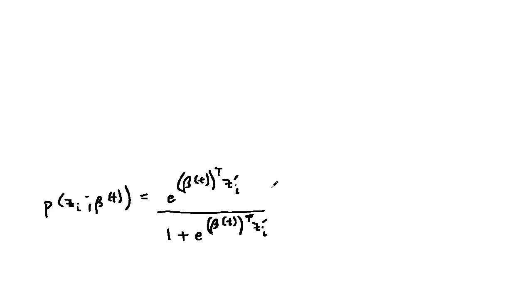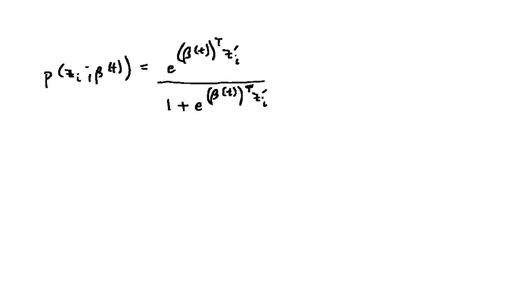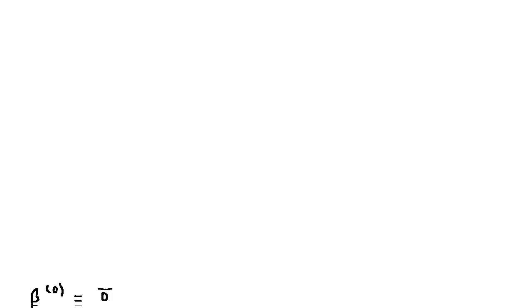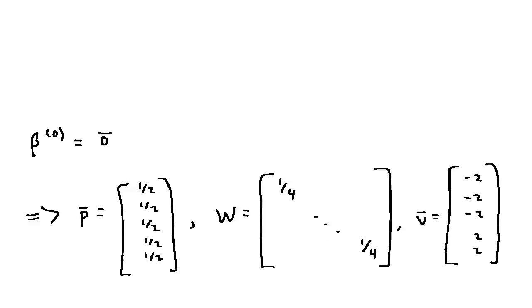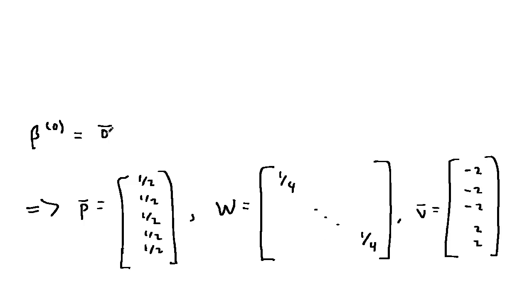And v is given by this. Recall that p of zi is given by this formula. We'll pick beta 0 to be 0 as the initial value.